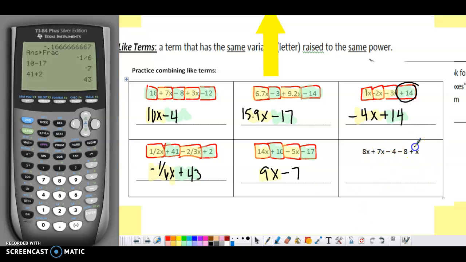All right, last one. We've got another little tricky one. We have to add a 1 at the last term because it's just an x. That is helpful to see. We've got our box terms, looking for ones that I can combine.